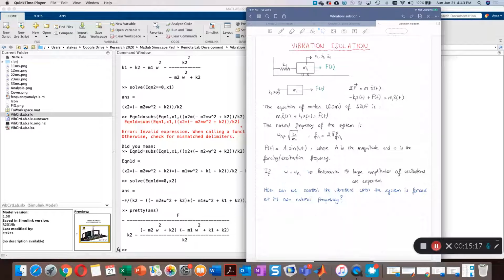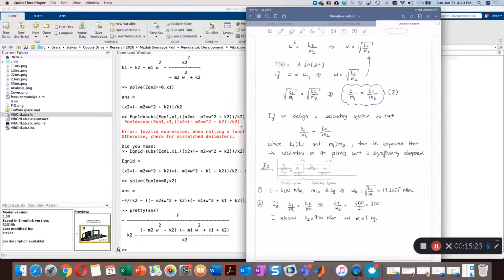And the natural frequency of the first system was equal to square root of k1 over m1. Knowing the relations, if omega is equal to square root of k2 over m2, and remember this omega was equal to omega 1, this is the worst case scenario, which means the primary system is forced at its own natural frequency.